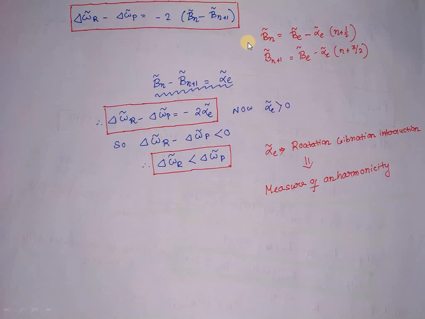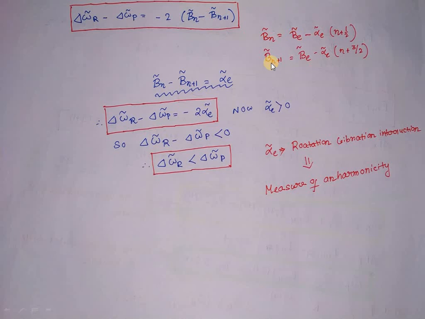Now we have already defined the equation of B bar n, that is equal to B bar E minus alpha E bar into n plus half, where alpha E is the rotation vibration interaction term, and B bar E is the rotational constant at the equilibrium bond distance.